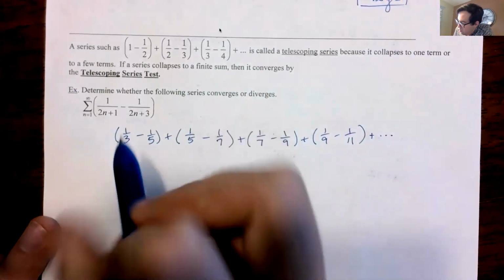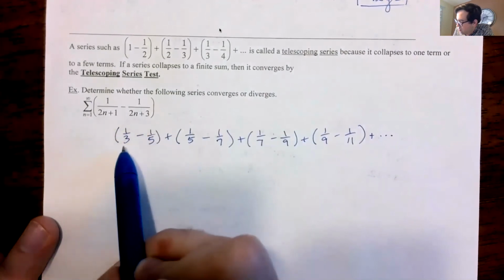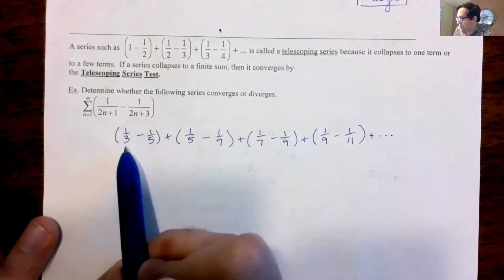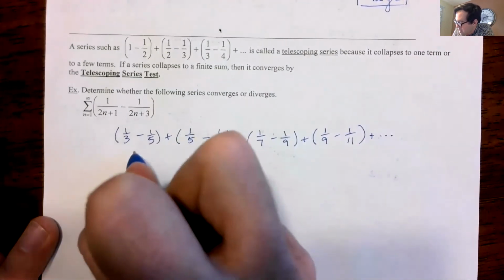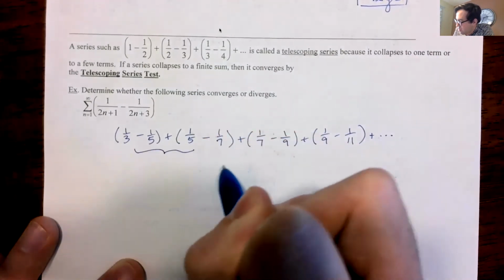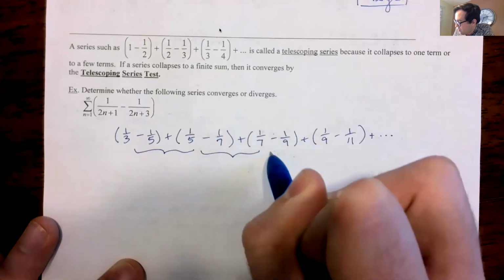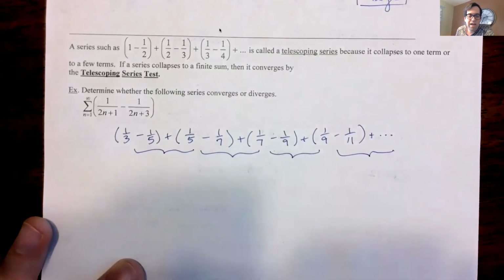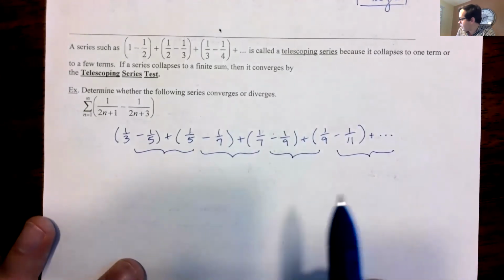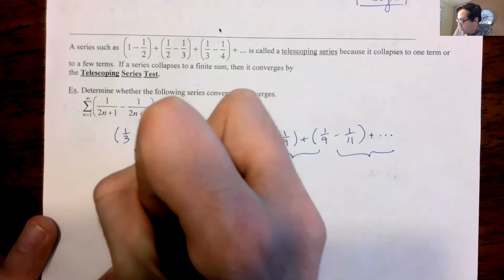The second fraction in the first term and the first fraction in the second term will cancel out. So these go together, these pair up, etc. Every fraction is going to have a pair that cancels out with it, leaving us just with 1/3.